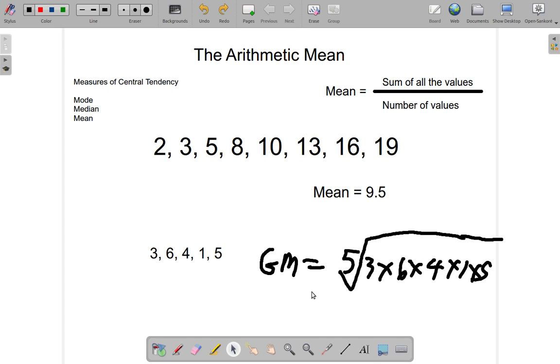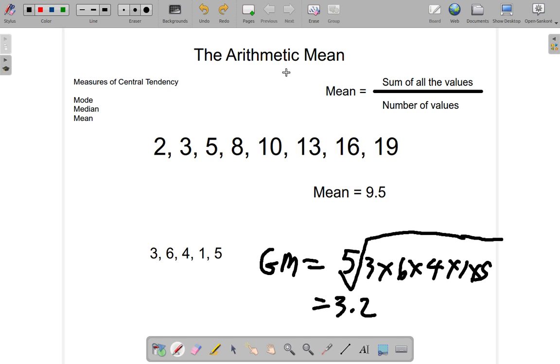So the geometric mean would be equal to 3.2. Alright? So I'm just pointing out the reason why you see the term arithmetic mean. Sometimes you might call it the average, right?